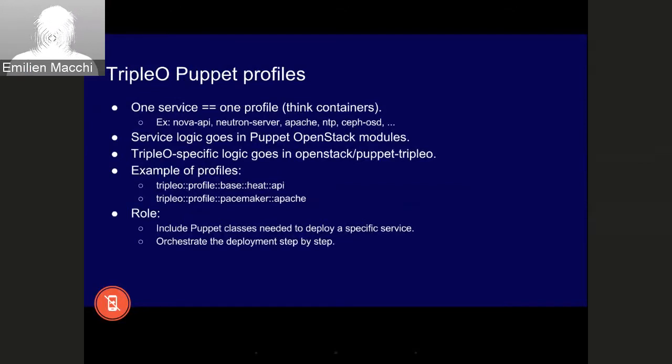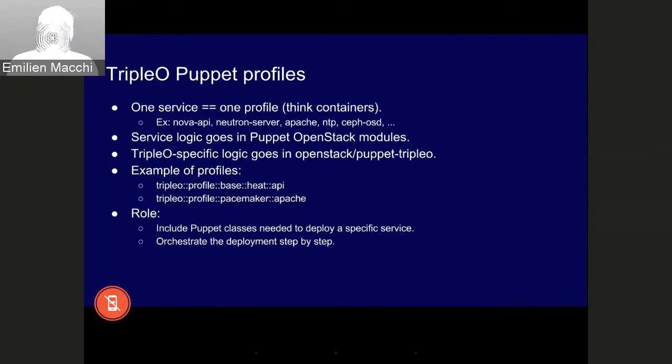That means that if you want to deploy Nova API, all the configuration bits go in the Puppet Nova module, but the TripleO specific logic goes in Puppet TripleO. So for example, we will just look at the code after this slide. For example, we have some profiles in TripleO, which call TripleO profile base Git API or pacemaker Apache.